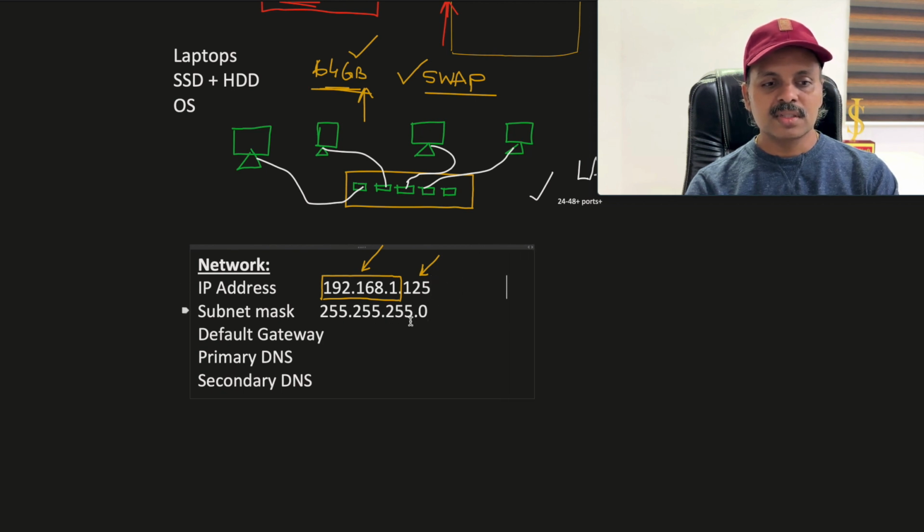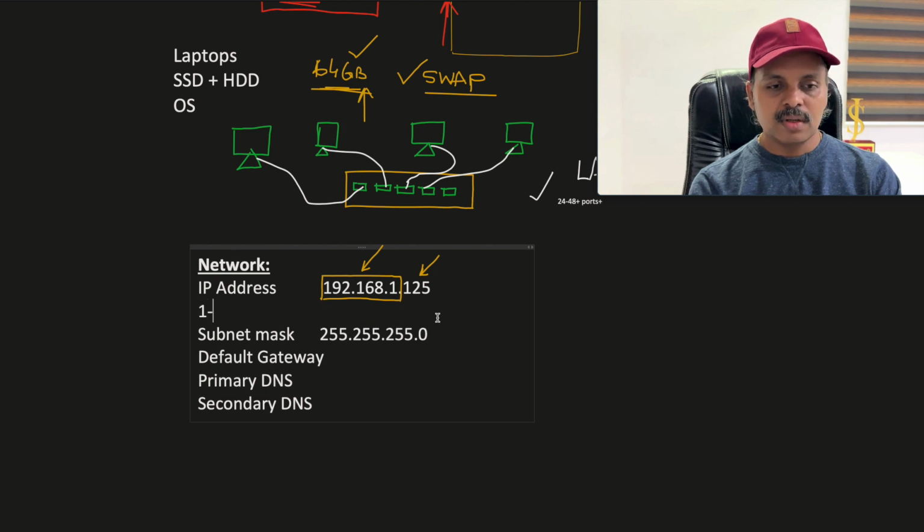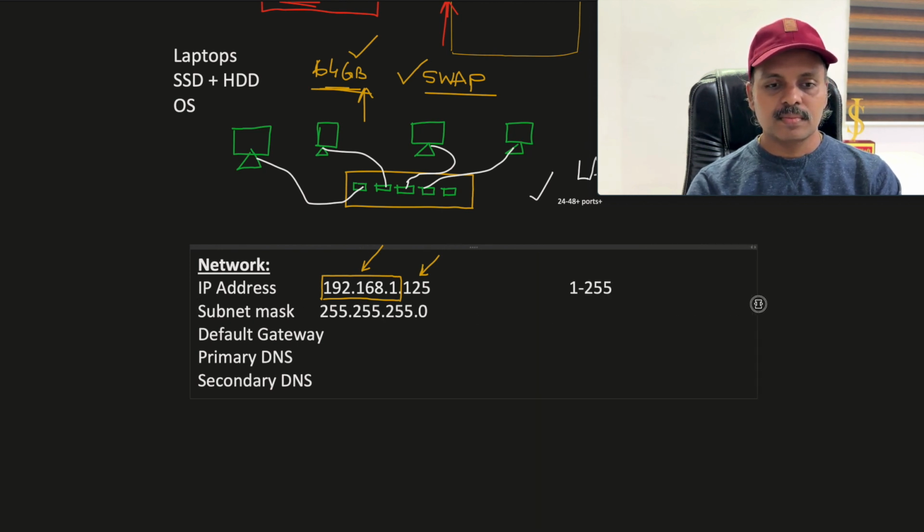So in this case, if we are using a subnet mask like 255.255.255.0, then the possible IP addresses come from 1 to 255, meaning the machine addresses can be 1 to 255. Okay?